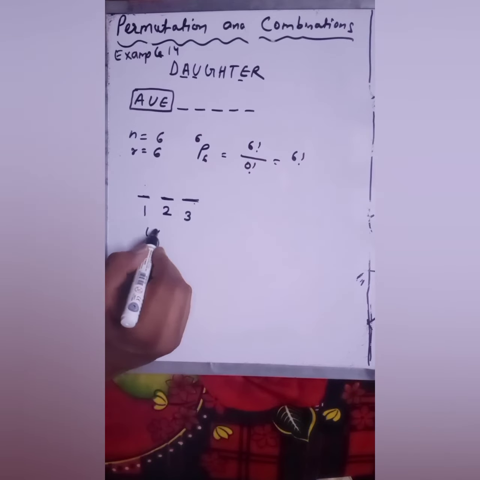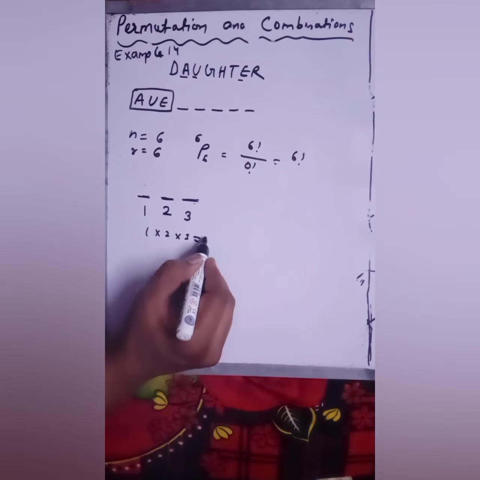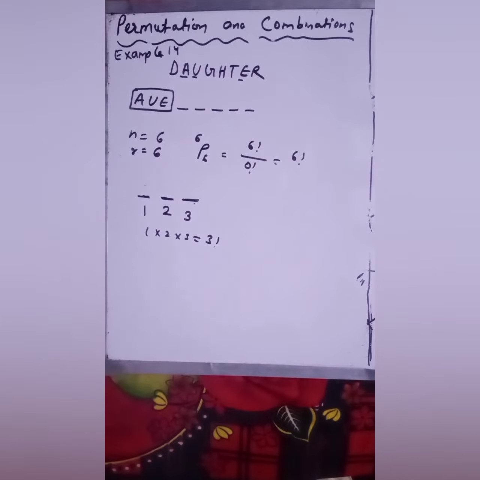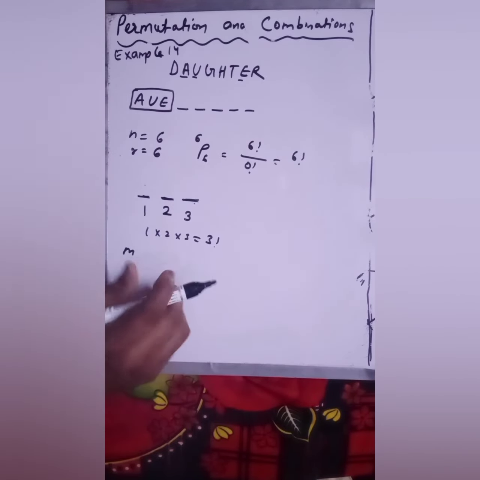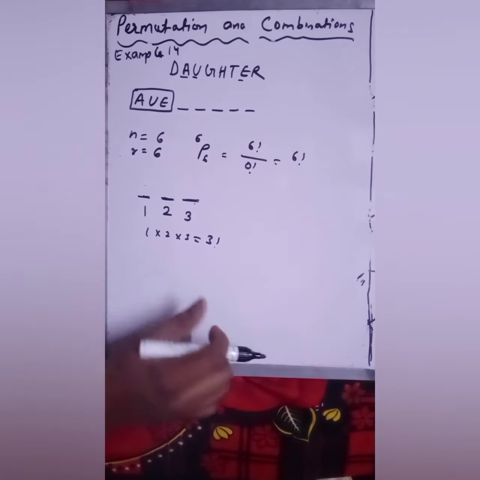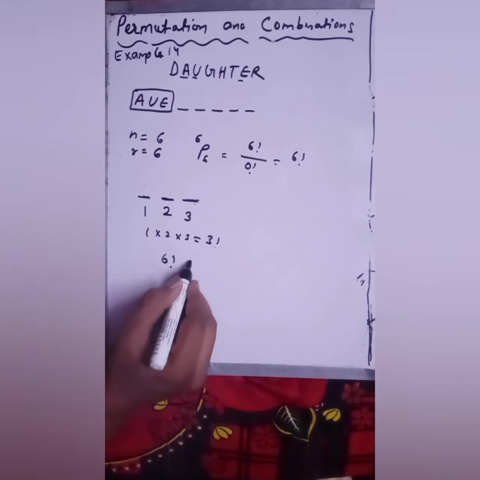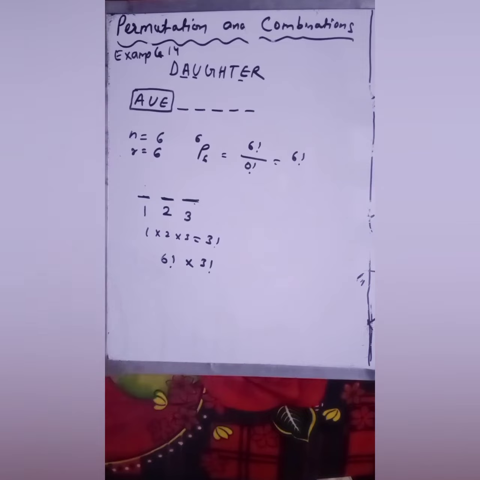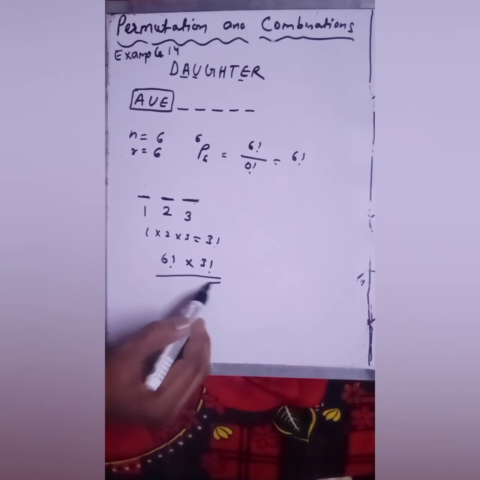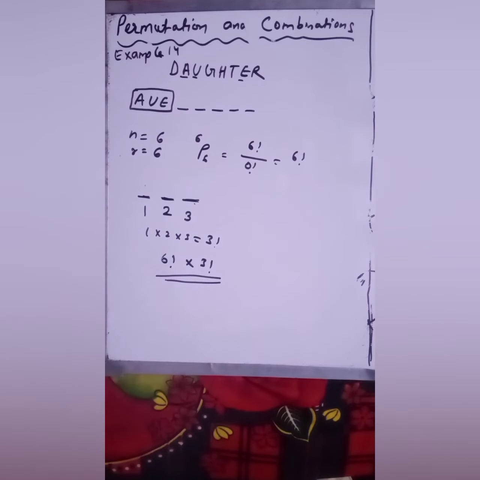So this is 1 into 2 into 3, which is 3 factorial. Fine. So using the multiplication rule, your final arrangement would be 6 factorial into 3 factorial. So solve this and you will get the answer when all vowels are coming together. Got it?